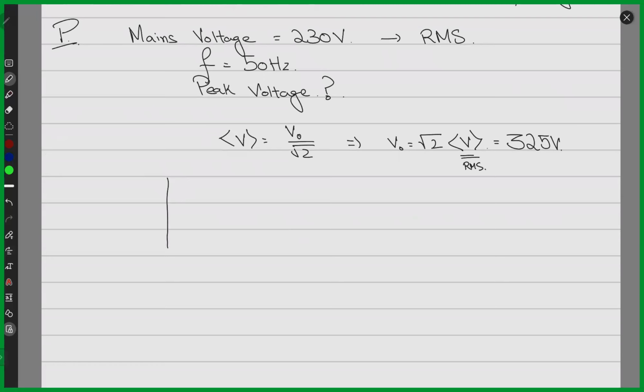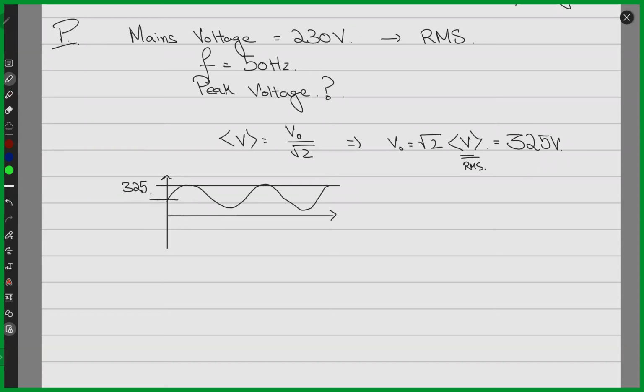So if I plot this thing like this, actually it will not look exactly like this. This is not an accurate graph, but the peak value of potential drop is the one that we computed, 325 volts.